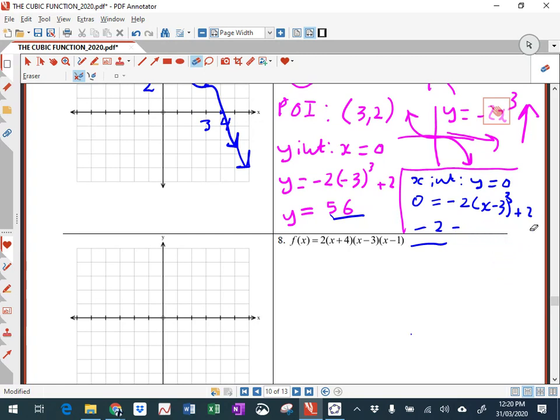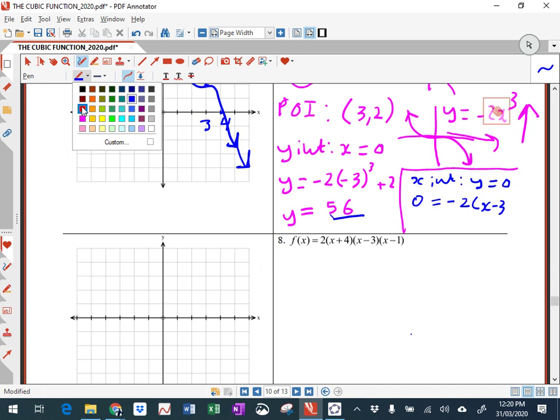All right, here we go. Let's do this in red. Now, that should be to the power of 3. That's better. And then I should have on the end plus 2.